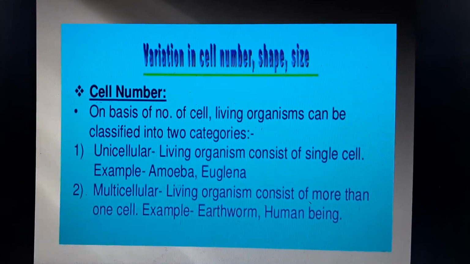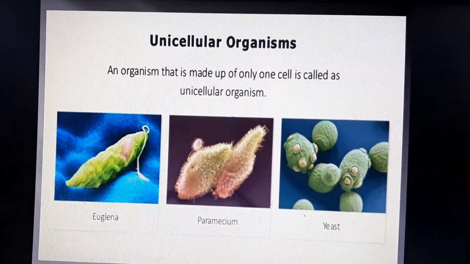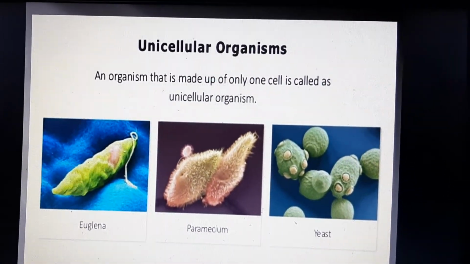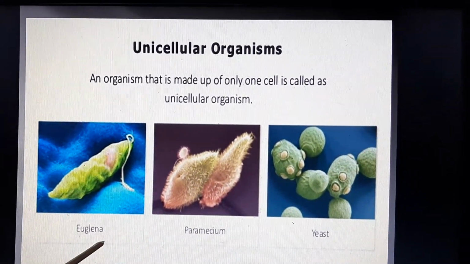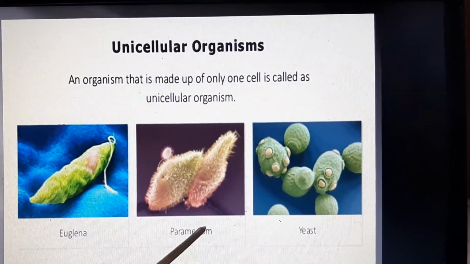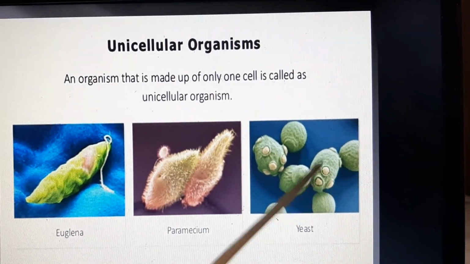Okay, students, as you can see on this slide, there are 3 pictures. First is euglena, second is paramecium, and this is called yeast.